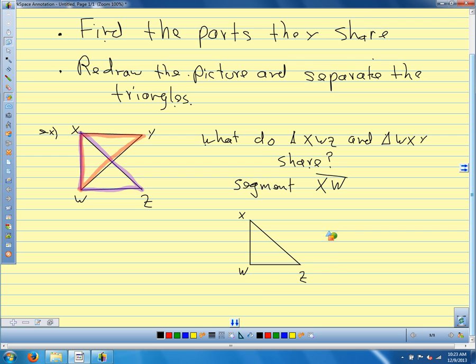And then I have a hard time drawing the triangle that I want here. There we go. And there's our other triangle, triangle WXY.